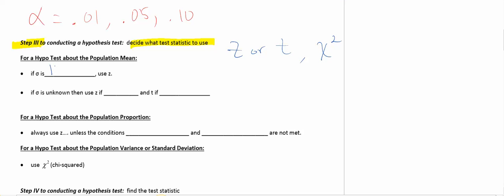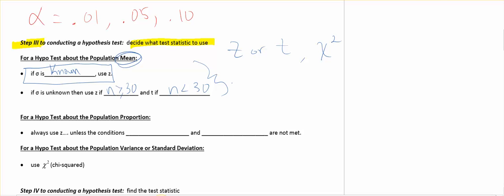If sigma is known and you're looking for the population mean, you use Z. If sigma is unknown, you use Z if n is greater than or equal to 30, and T if n is less than 30. Now, the book's a little shady on picking and choosing these, but the one thing that your book doesn't alter on is that if sigma is known, it's Z.